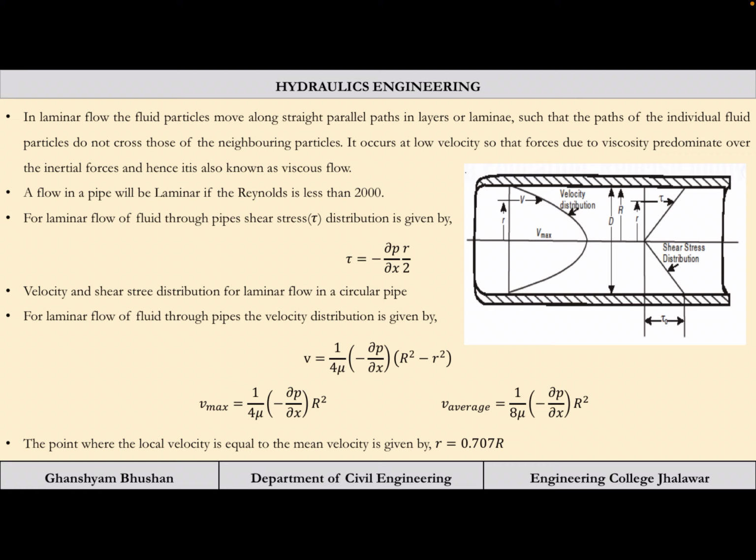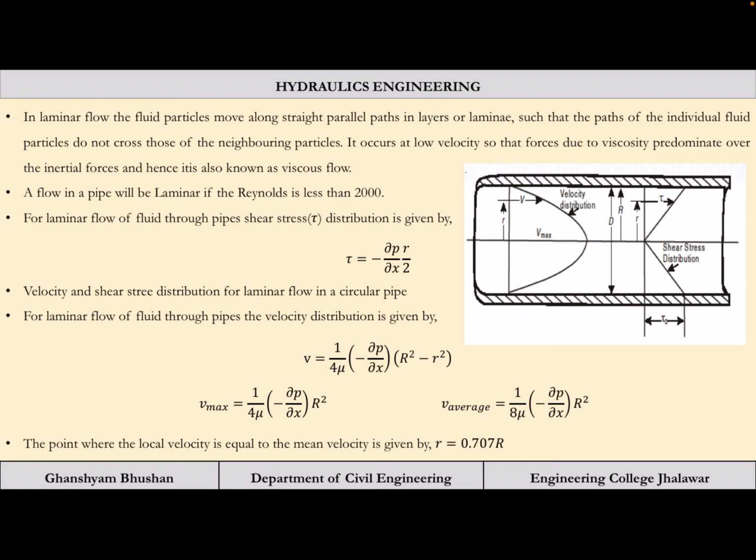It is a range given by experiments, and it is observed that even if the value is lesser than 2000, it is very much possible to have a turbulent flow at a Reynolds number of 1500, and it is very much possible to have a laminar flow at a Reynolds number of 2500. The fluid does not know what the Reynolds number is or how we have defined it. The fluid will flow according to the prevailing conditions in whatever medium it is flowing.